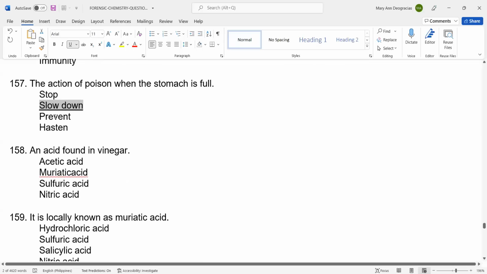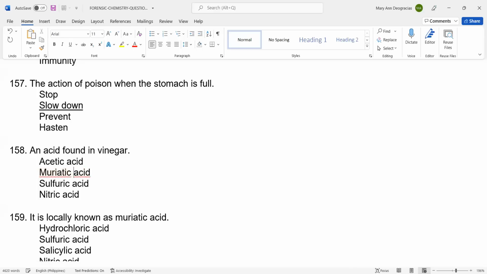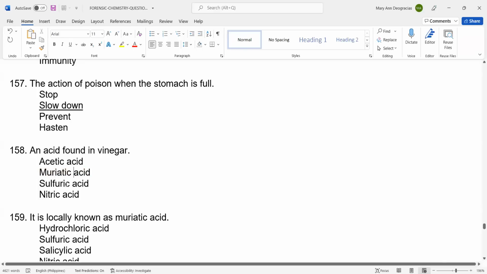Acid found in vinegar, ano kaya? Ano ang acid found in vinegar? Is it acetic? Is it muriatic? Is it sulfuric, nitric? Alin ang pwede makain dyan? Yung acetic, syempre. Ito yung nasa vinegar natin. Muriatic, yung panlinis ng CR.